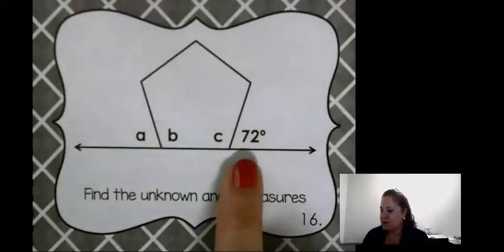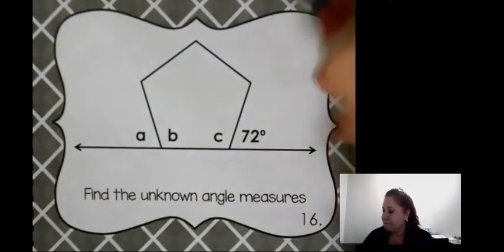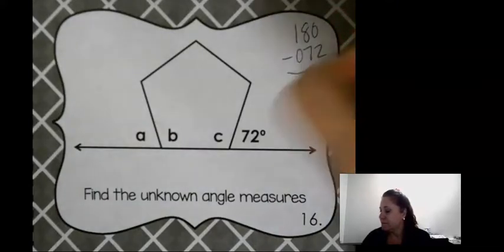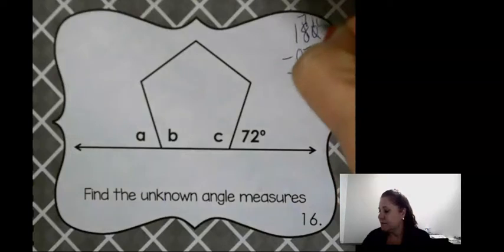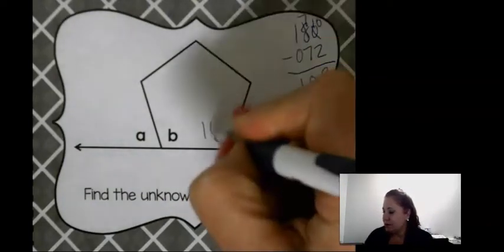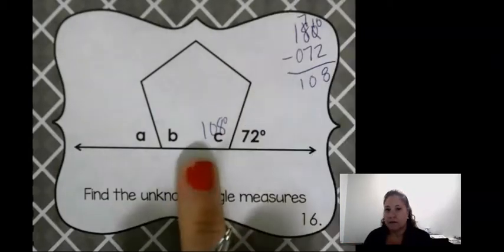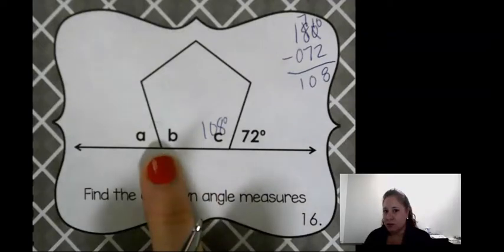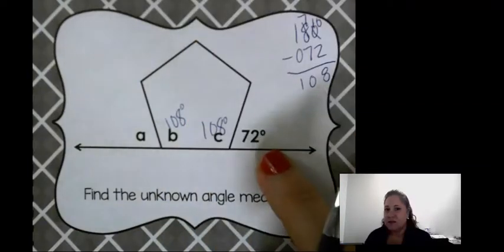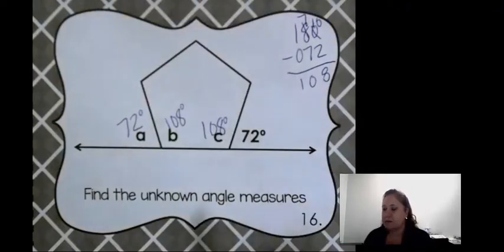So if this one's 72, C has to be 108 degrees. All right, so B is also 108 degrees, and A must be, good, 72 degrees.